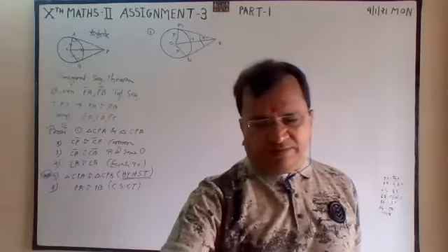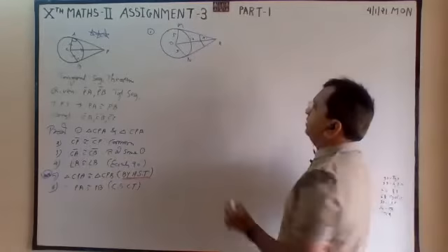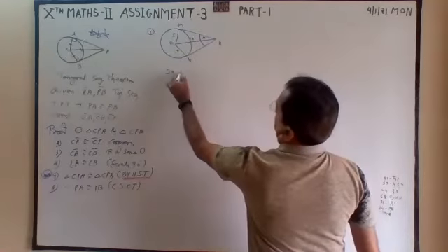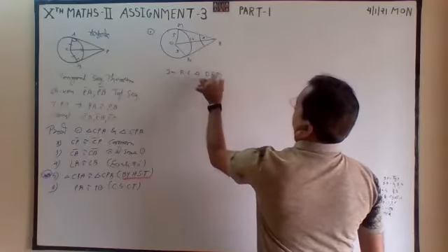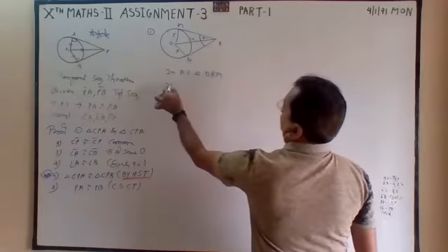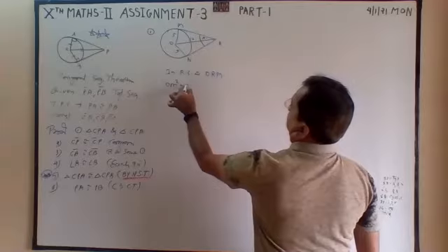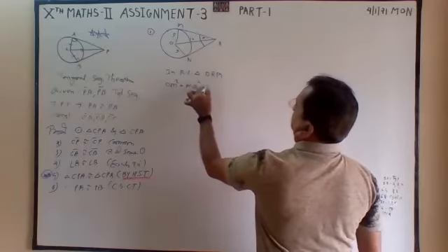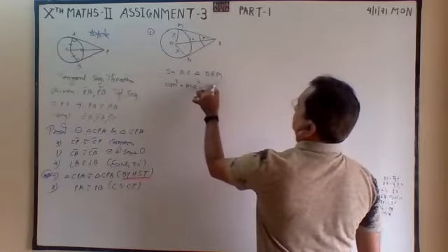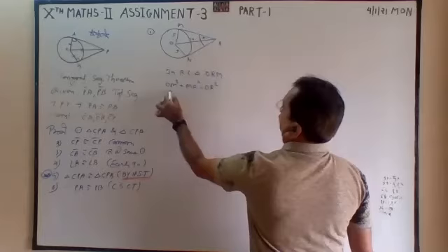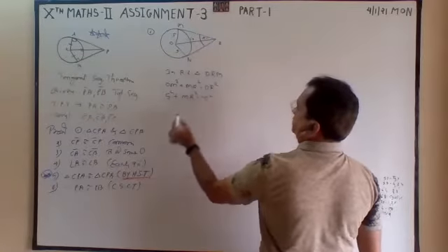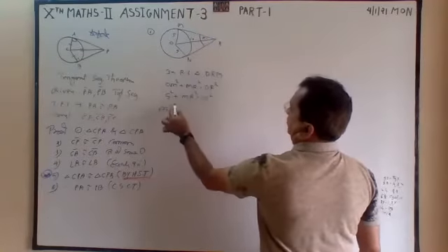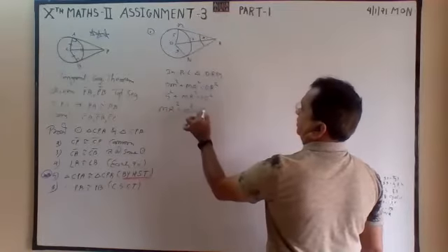First, we will find out MR. In right angle triangle ORM, OM square plus MR square is equal to OR square. So 5 square plus MR square is equal to 10 square. So MR square is equal to 10 square minus 5 square.